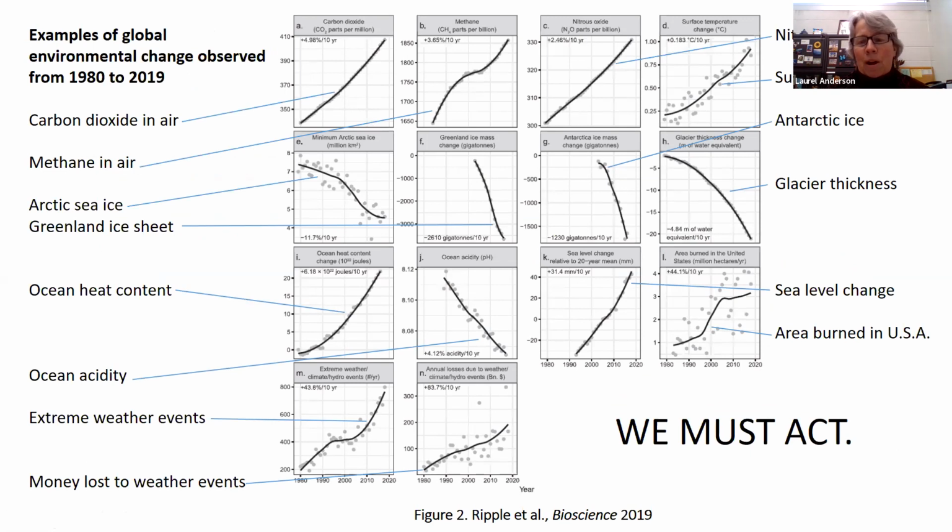I won't go through all of these trends, but they're basically showing increases in carbon dioxide, methane, decreases in various ice sheets, increases in extreme weather, loss of funding and money to those weather events. So that really leads us to the place of needing to take action.